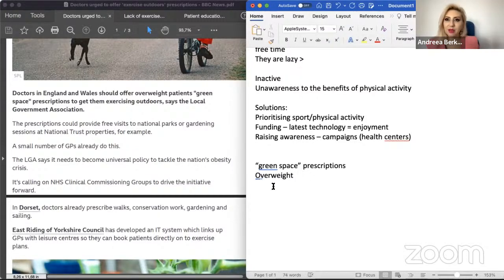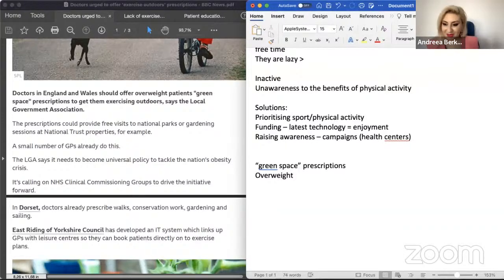It should be something authoritative, something that belongs to a higher institution. So we can say that the NHS has encouraged in recent years these green space prescriptions, giving people free passes to walk in these national parks.